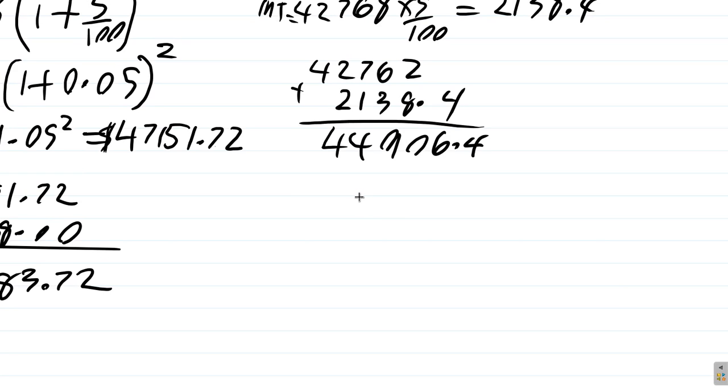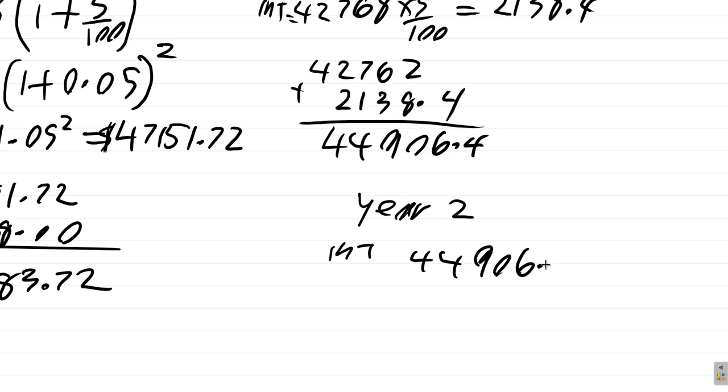So you say year 2, the interest you get is 44,906.4 times 5 over 100.